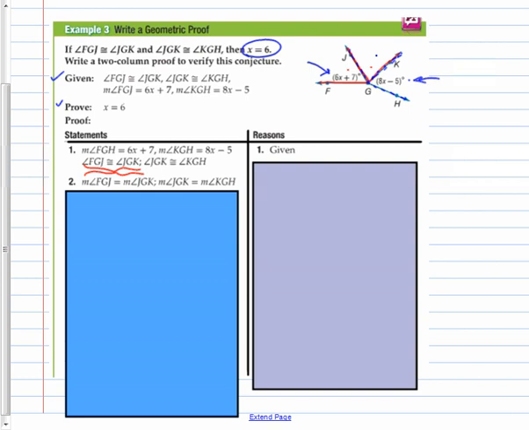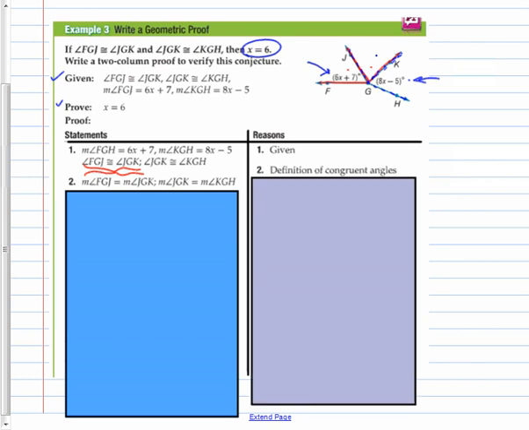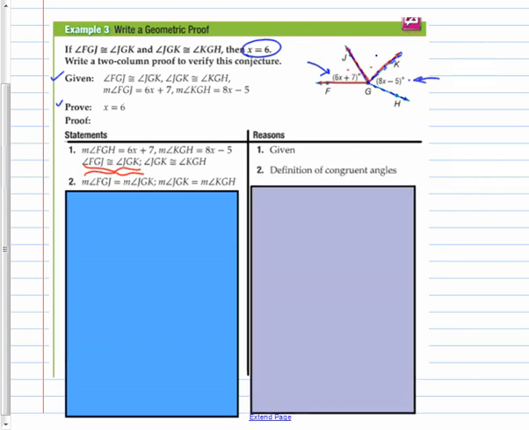Any idea what we might call that in geometry? It's called the definition of congruent angles. It's what it means to be congruent. Now you're starting to see some reasons that you are going to need to remember in geometry. If I have something that's congruent, it means their measures are equal. That's the definition of being congruent. So that's what enabled us to do it, and they did it with both of these angle congruencies to measures being equal.